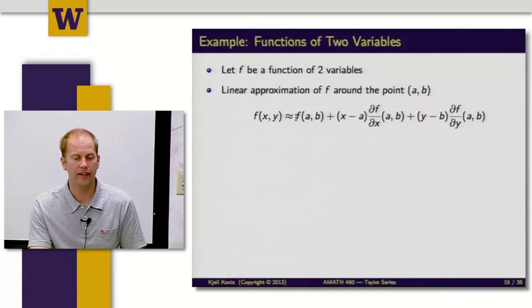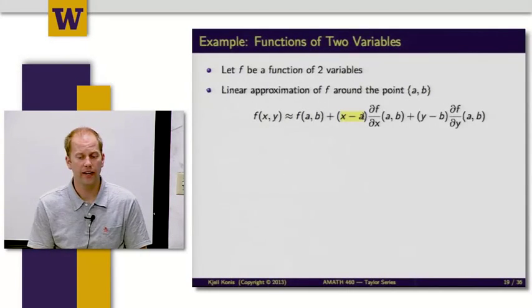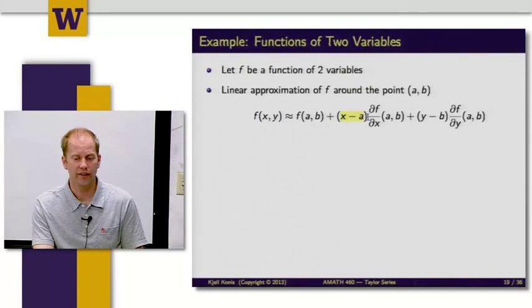So all I'm doing to get a linear Taylor polynomial, I'm taking the function at the point where I know the true function value, (a, b). Then I'm making a linear approximation by the change in the x direction, so how far away x is from a, so that's x minus a, times the partial derivative of f with respect to x evaluated at (a, b), so that's the slope in the x direction.